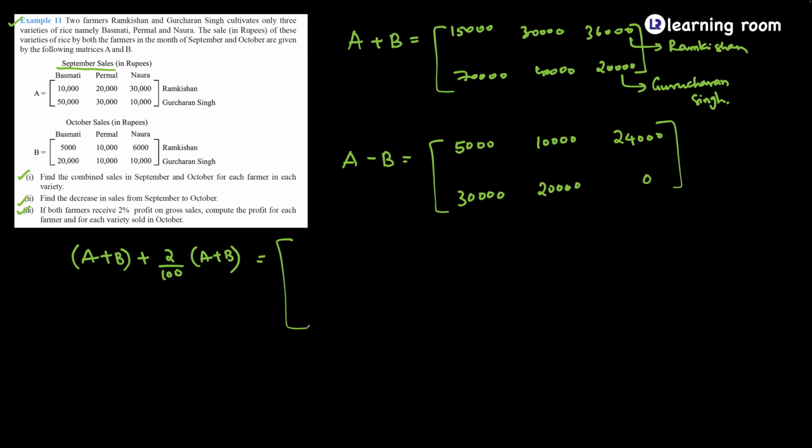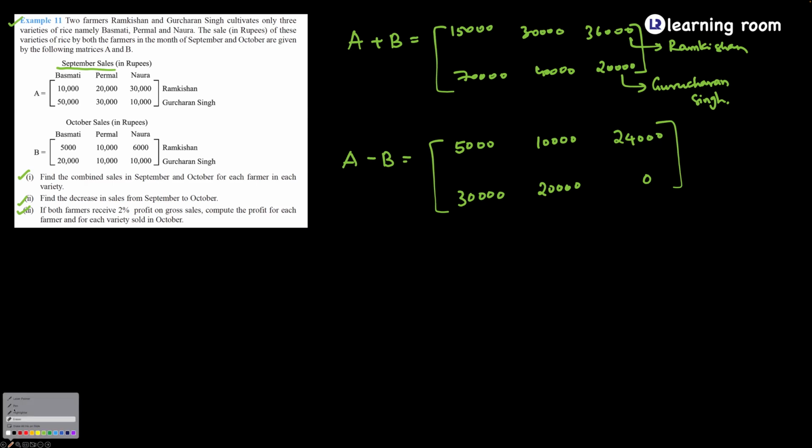Compute the problem. Then it is easier. I thought they asked the gross value. So correction here, listen. This is the gross value A plus B. On this A plus B, we are expected to calculate the profit at a rate of 2%.